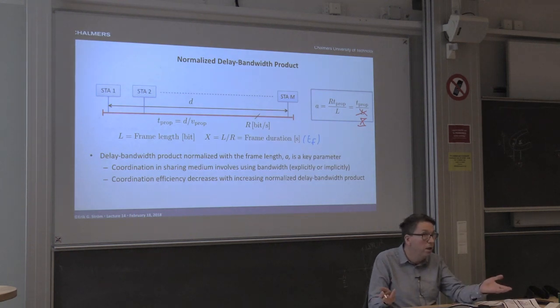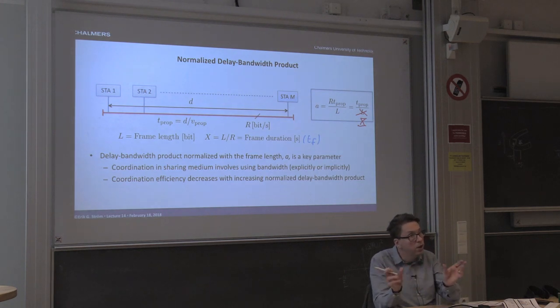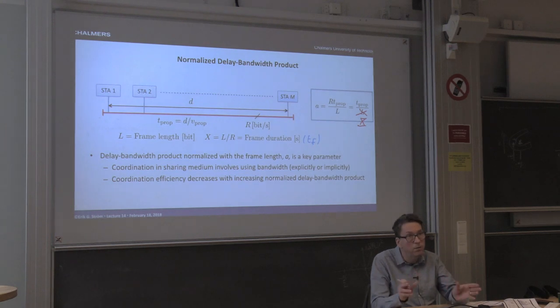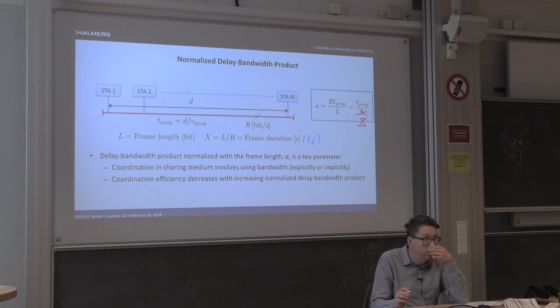So if A is 3, it means that 3 frames could physically be on the channel in transit at the same time. If A is 10, we can have 10 frames on the cable in transit at the same time. From this basic definition, it's not difficult to show that A can also be written as R times the propagation time divided by L. Since x is L divided by R, we can simply replace x like this.